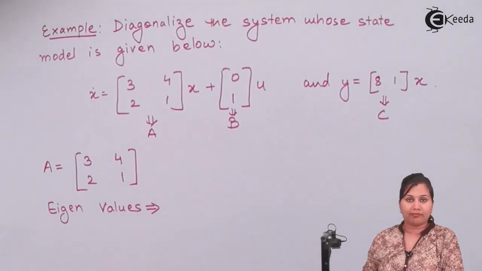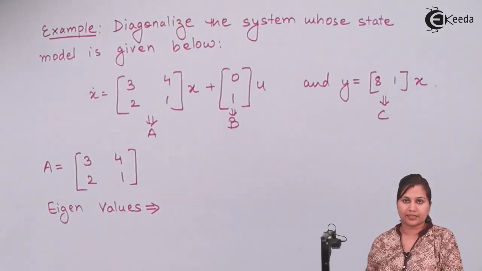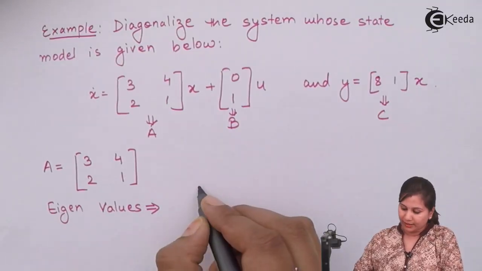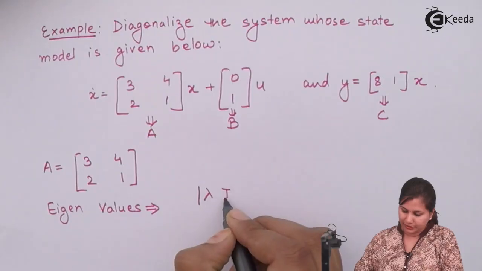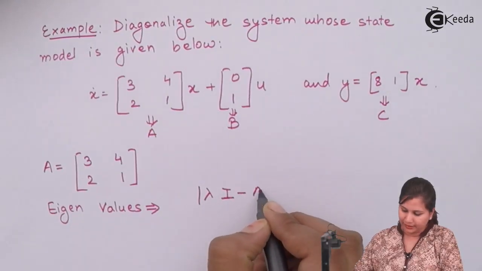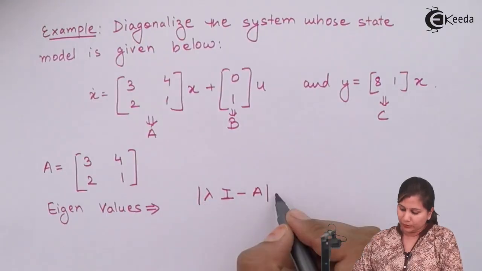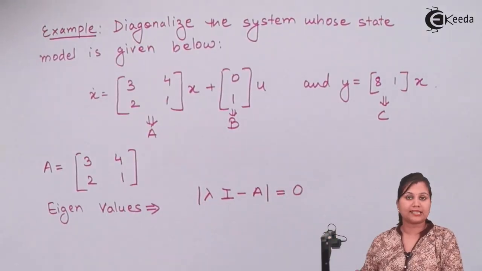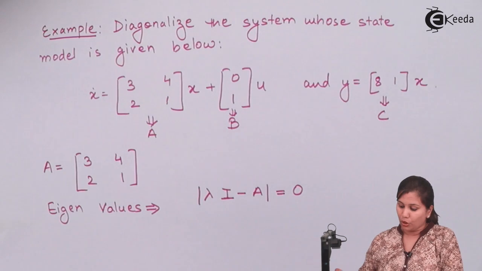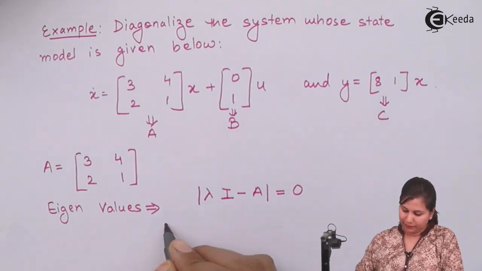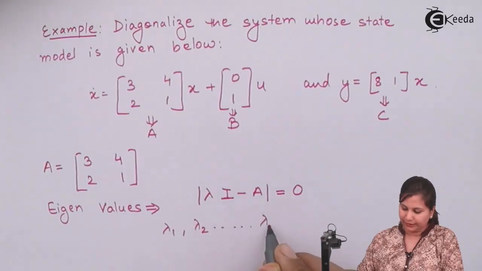What are the eigenvalues? Eigenvalues are the roots of the characteristic equation, which is the determinant of lambda I minus A equals 0. This is the characteristic equation whose roots are lambda 1, lambda 2 till lambda n.